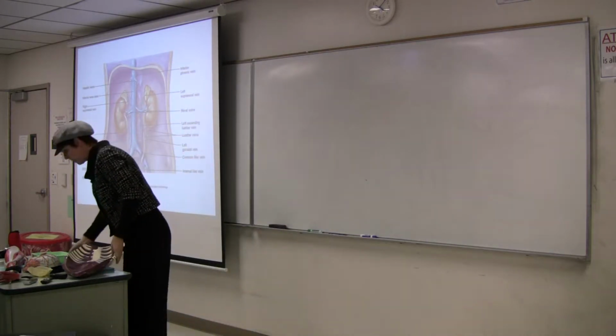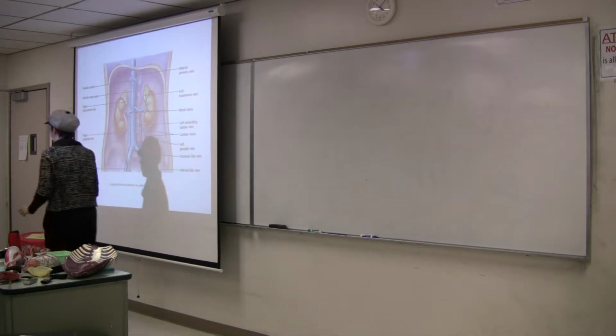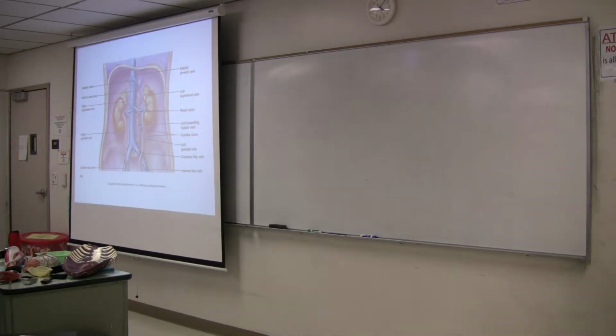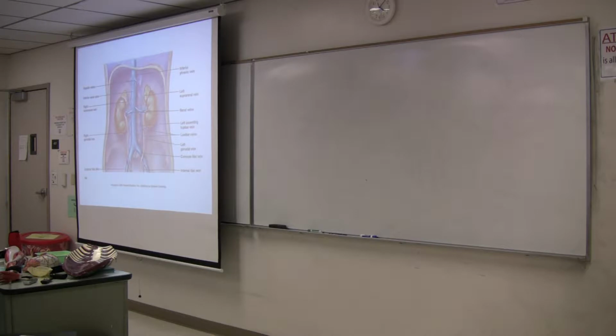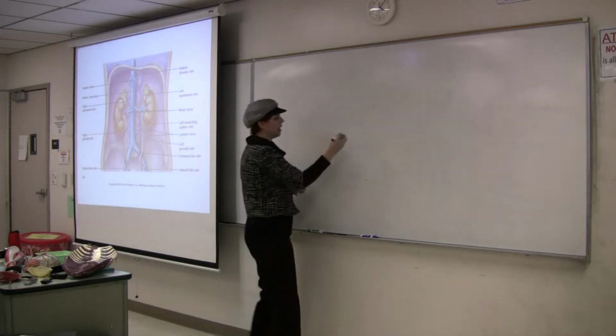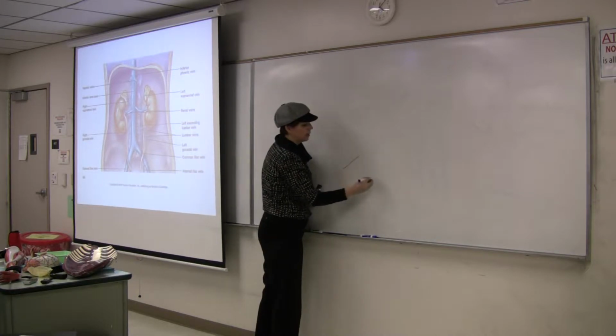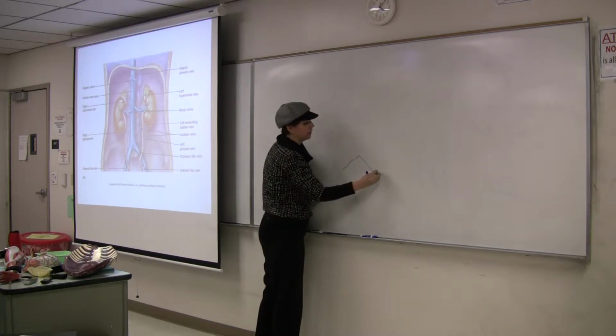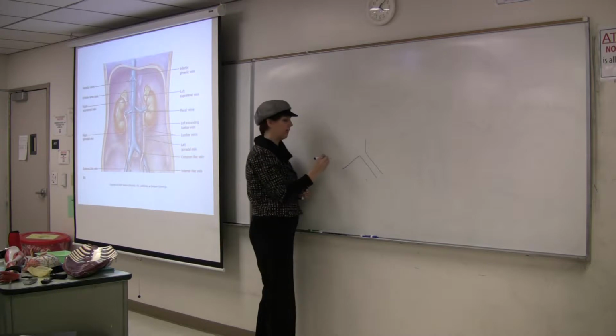And again, all of these are ones that you have heard of before. You just have them maybe ending up in a different location. So the inferior vena cava is formed by the union of the common iliac veins.